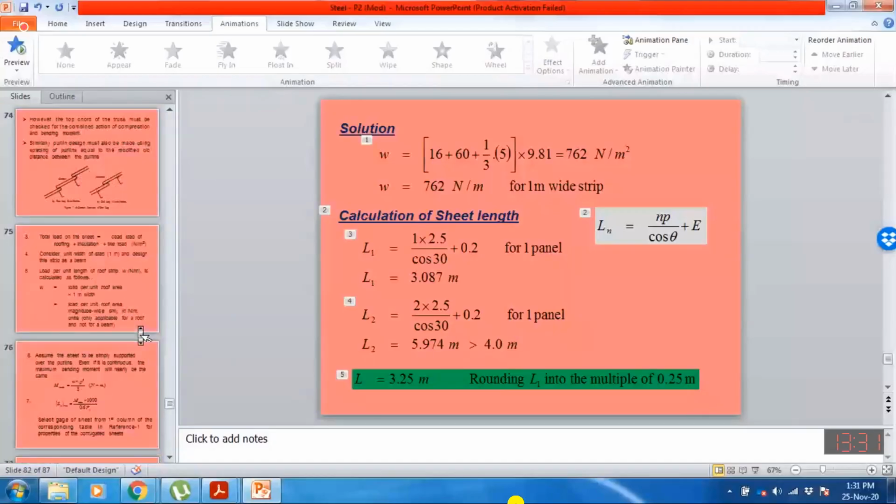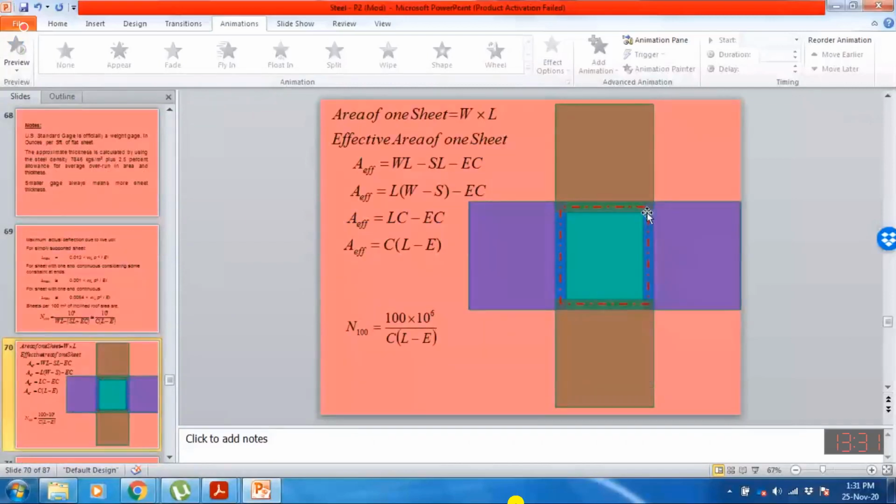The total length of the sheet is from center to center, so we provide half lap on one side and half lap on the other side. The total distance is from this center line, the red line, to the other line, the center to center distance between panels, plus half end lap on one side and half on the other side. I believe I have already explained this last time.